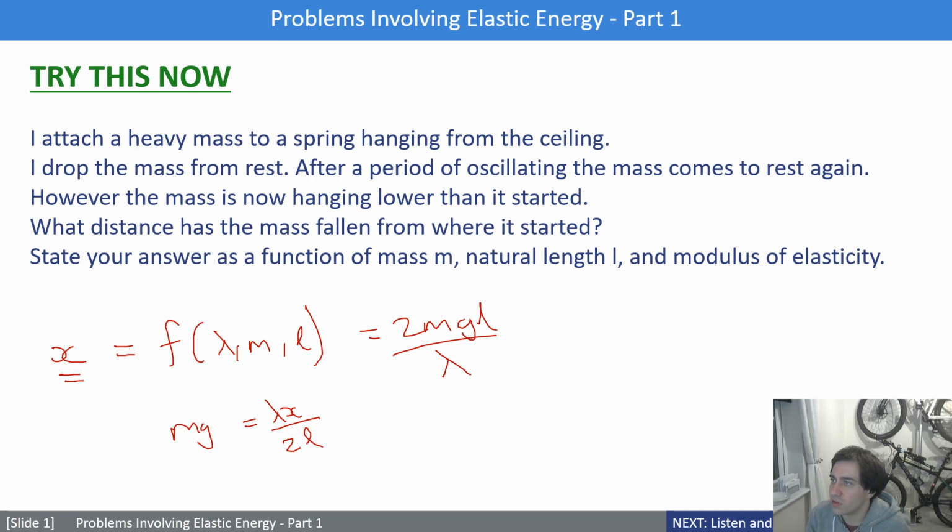Okay, so well done if you managed to get that. So we can see now what it depends on. How far an object on a spring drops ultimately depends on 3 things: the mass of the object, and then 2 properties of the spring, its natural length and its modulus of elasticity.